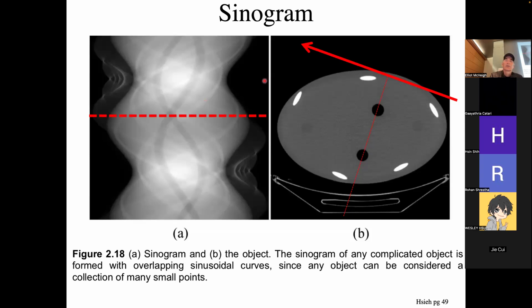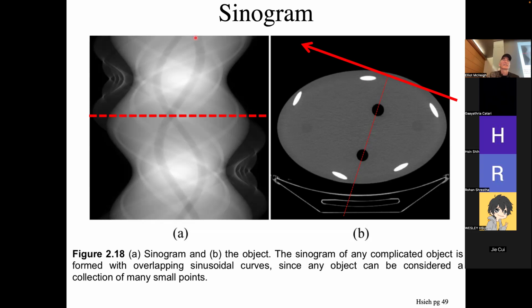I'll give away the punchline. If I have a dot in my object, it is going to create a sine wave in the sinogram. And those sine waves all have the same frequency, because they're all going around from 0 to pi or whatever.